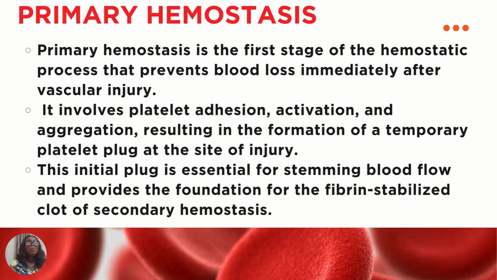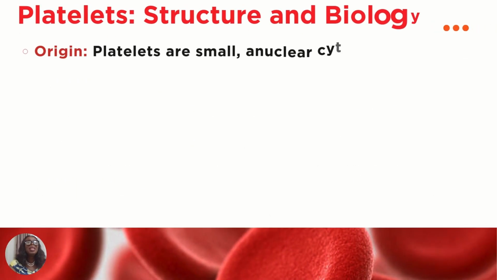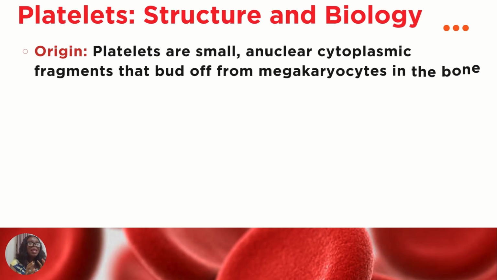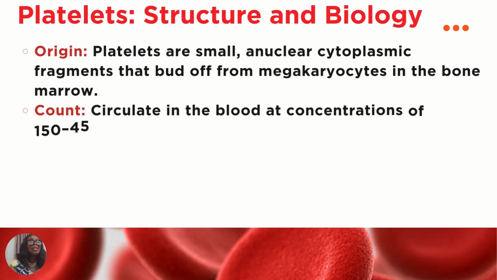The initial plug is essential for stemming blood flow and provides the foundation for the fibrin-stabilized clot of secondary hemostasis. Like I said earlier, platelets are the main thing in primary hemostasis.